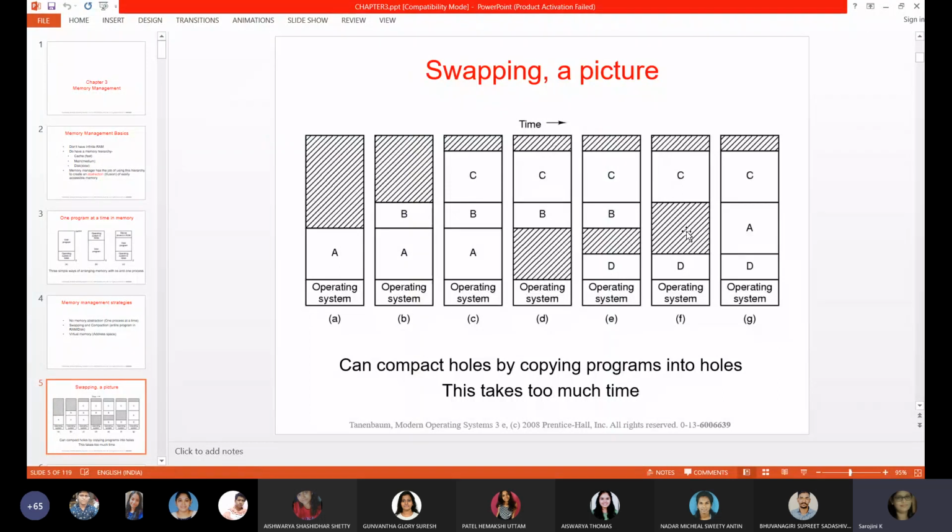No memory abstraction, wherever the address space is not there. Once the address space came, only then the abstraction came. Why? Because when the address space concept was invented, we started to use the virtual memory and main memory as address space.